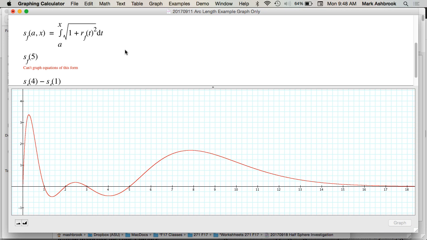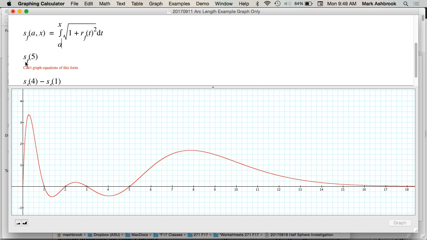So now whenever I call on the s of f function using function notation, it needs two things, right? It needs a first value, which is going to be a starting value, and then also a specific value of x.